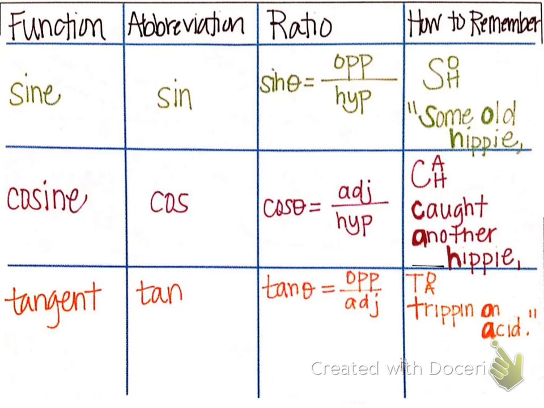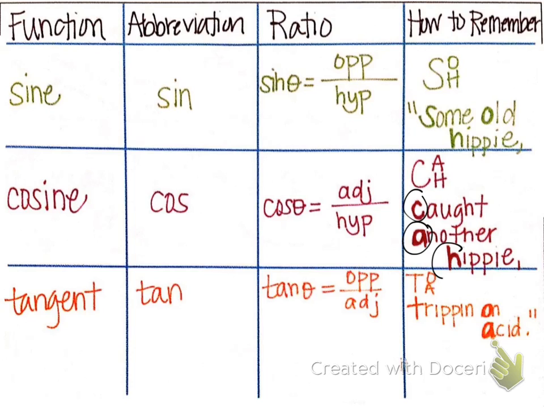So we had T-O-A. Now, the way that you can remember it, two different ways. I like to say soh, cah, toa. Some people like to remember this wonderful saying, some old hippie caught another hippie tripping on acid. So, this S-O-H, some old hippie, is sine is opposite over hypotenuse.